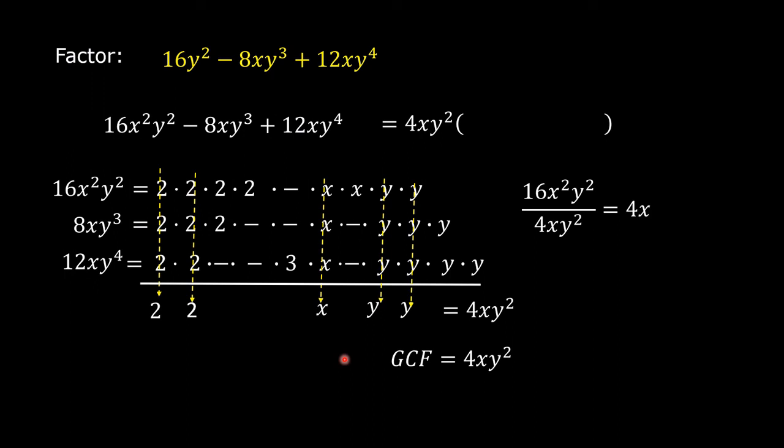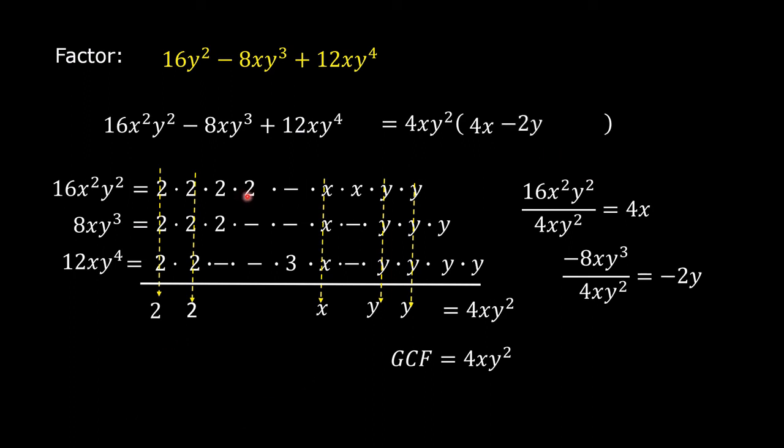So we have 16x squared y squared divided by 4xy squared is 4x. Write 4x. Then negative 8xy cubed divided by 4xy squared is equal to negative 2y, right? Negative 2y.